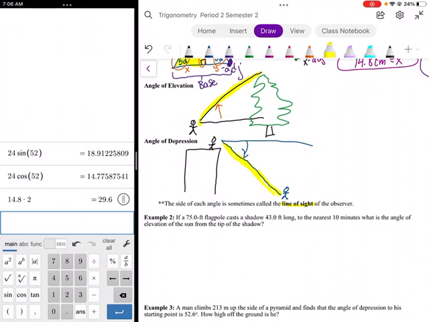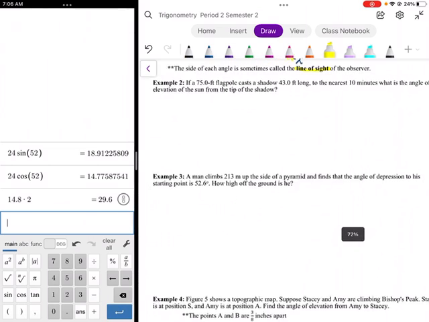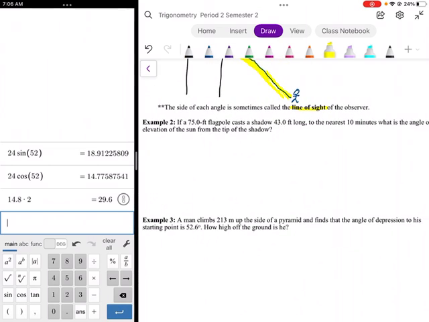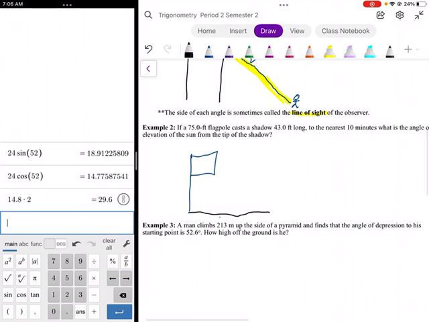Alright, so example 2. If a 75-foot flagpole casts a shadow that is 43 feet long, so let's draw our flagpole. Here's my flag, and here's my shadow. Sorry, it's not a straight line, but that is 43 feet long.